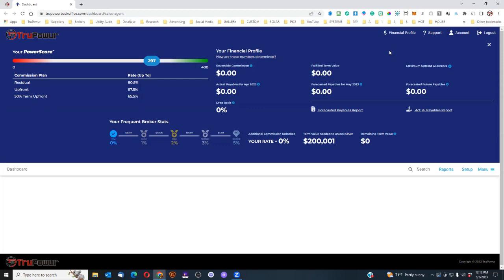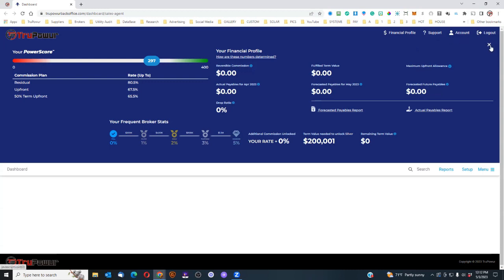If you are an agent, it might look a little bit different. If you're a broker, your screen should look like this. And as you increase your sales, you're going to increase the overrides in your system. So that's handy as well.